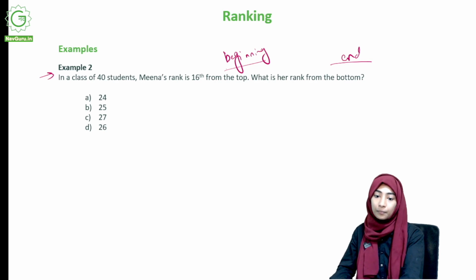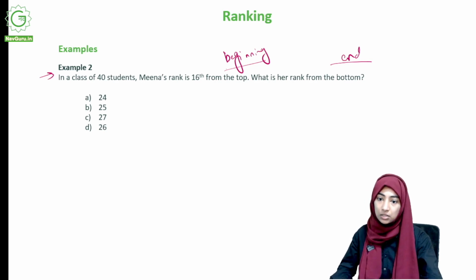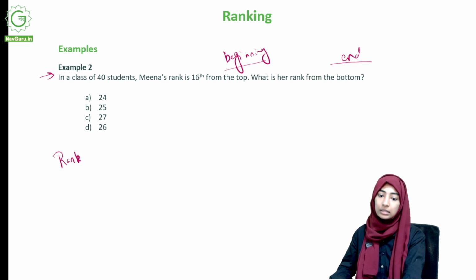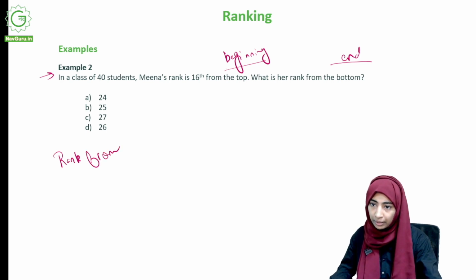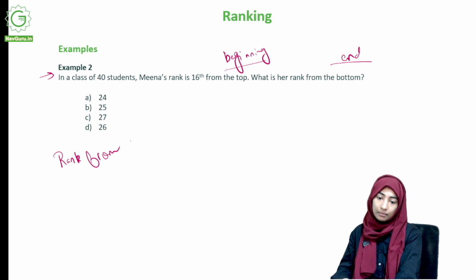So here I'll write it down so you can see if you remember. Rank from the end. I think I'll choose a thinner shade of the pen, this is too thick. My handwriting is very bad, I apologize.